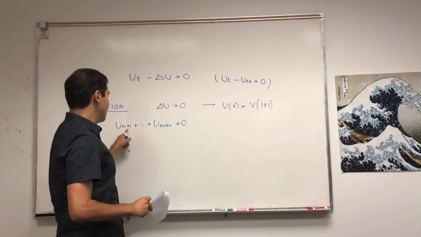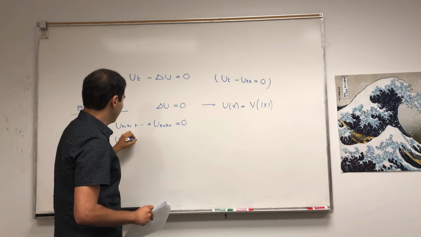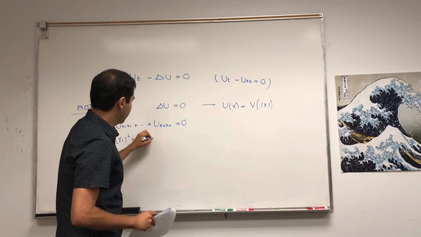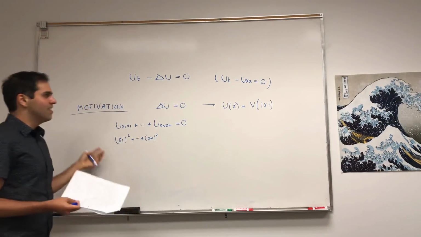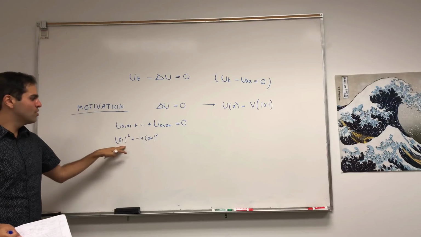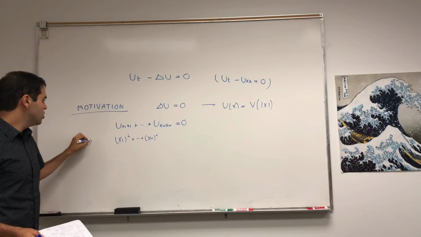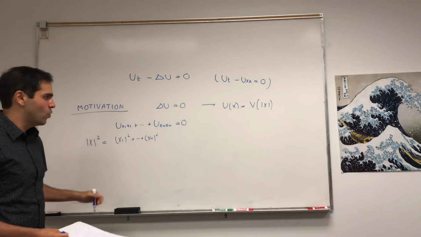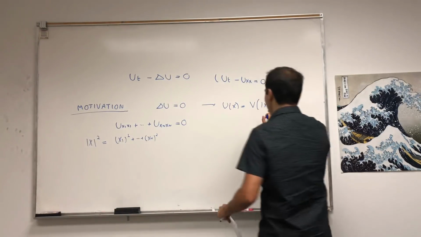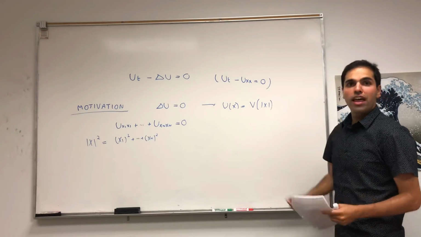And if you replace those by squares, like x1 squared plus ... plus xn squared, again, very non-rigorously, you might think, oh, well, the solutions should just depend on this factor, which is the length of x squared. And that's where we guess u of x to be v of the length of x, or the length of x squared.